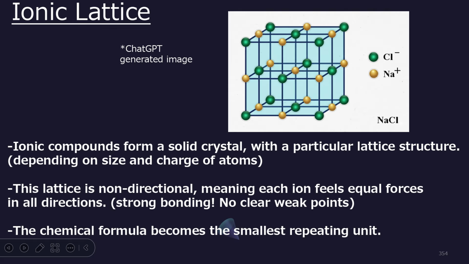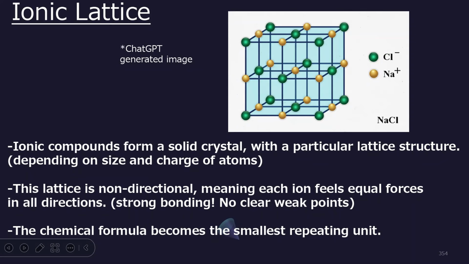So ionic compounds form a solid crystal with a particular lattice structure. This structure depends on the size and the charge of the atoms and the way that they stack together. This lattice is non-directional. This is actually an important idea that you can use to explain some things, but it means each ion feels equal forces in all directions.